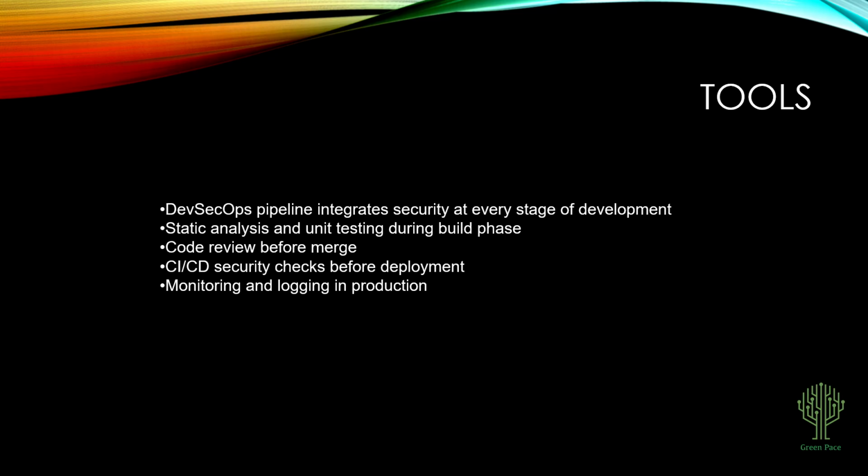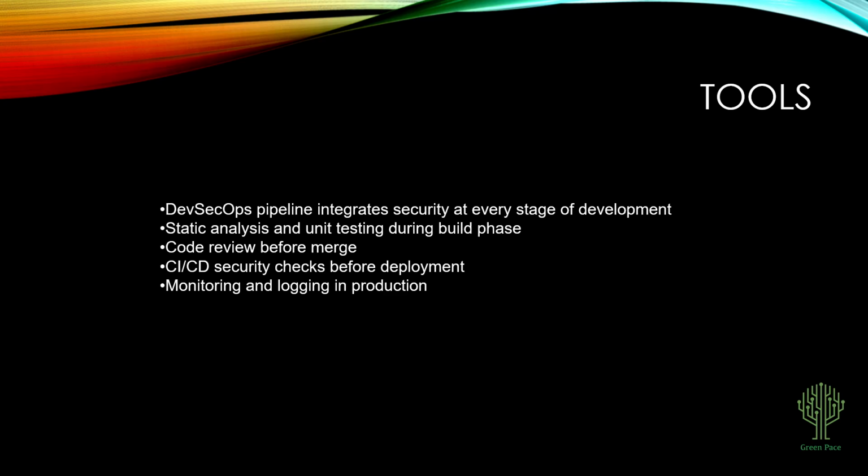On this slide, I'm explaining how the tools support the DevSecOps pipeline shown earlier. In the design and build stages, static code analysis tools scan the code to catch potential vulnerabilities before compilation. During the build phase, Google Test runs automated unit tests to make sure security controls like input validation are actually working as expected. Before code is merged, peer code reviews provide human oversight to catch logic issues or security gaps that automation might miss.